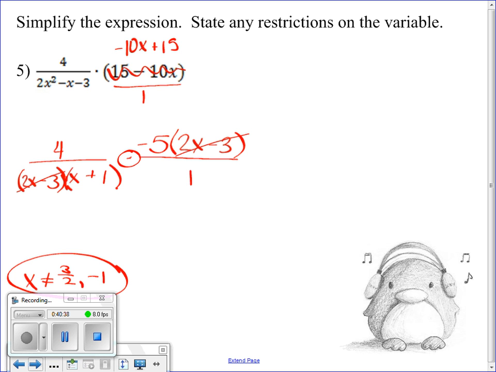It means multiply. 4 times -5 is -20 over x plus 1. So while I don't want you to distribute all your stuff together, if you have just two numbers like that, the 4 and the -5, please multiply those together. Okay, makes sense? And make sure it's multiply.